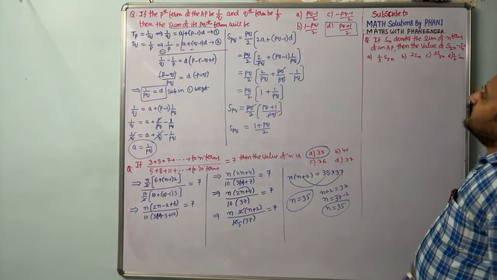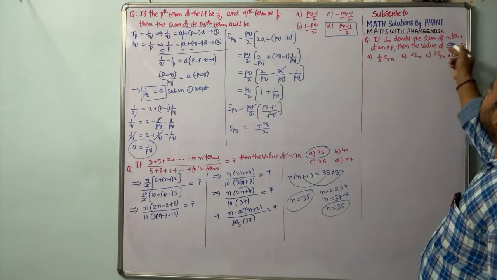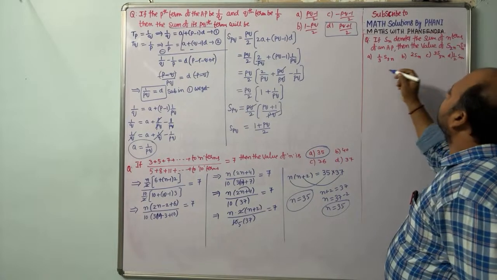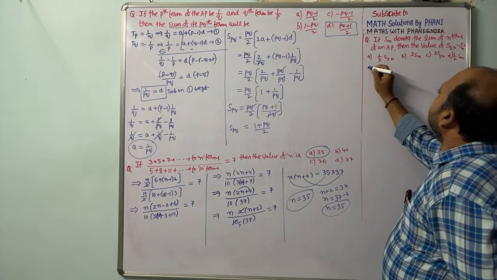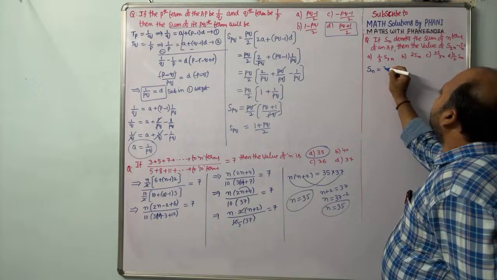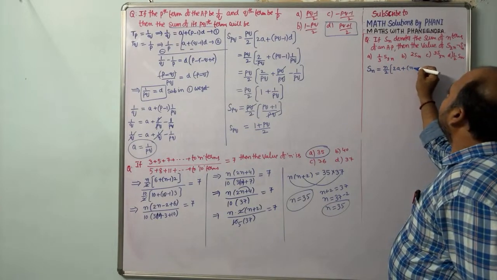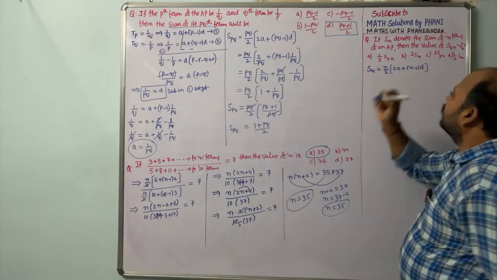Now come to here. If Sn denotes the sum of n terms of AP, sum of n terms means n by 2, 2a plus n minus 1 into d. Yes, we got.